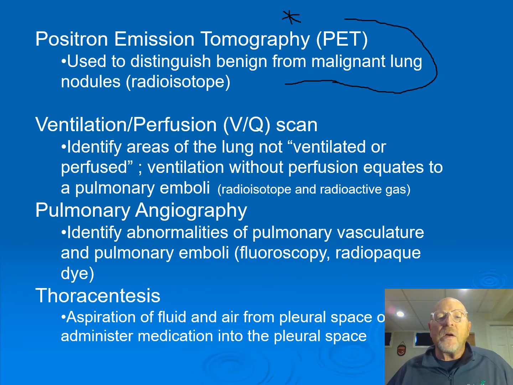So when they're watching the injection of glucose, what they'll see is that if this is the mass right here, and this is the vasculature, if they introduce the radiographic material for the PET scan, and it just goes right on by in the vasculature, right by the tumor, then it is benign.